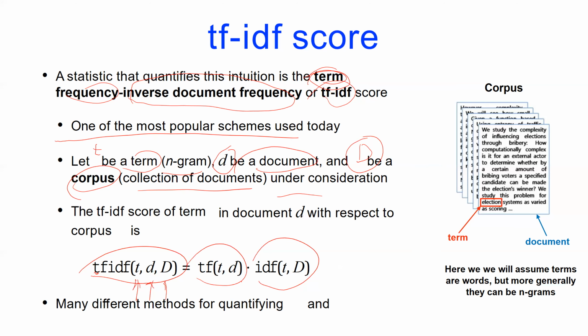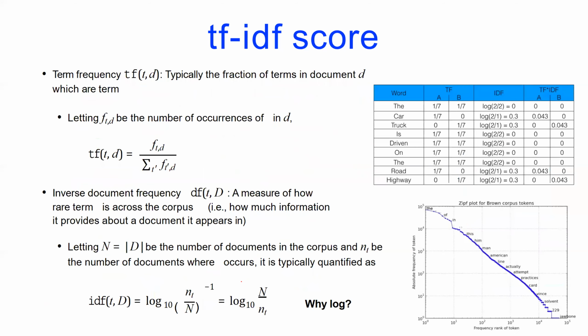So now let's look at how we measure the term frequency. The term frequency is typically the fraction of the terms in document d. There may be something missing, but anyway, the formula is simple. Let f(t,d) be the number of occurrences of t in d, and then you add this frequency over the different terms.